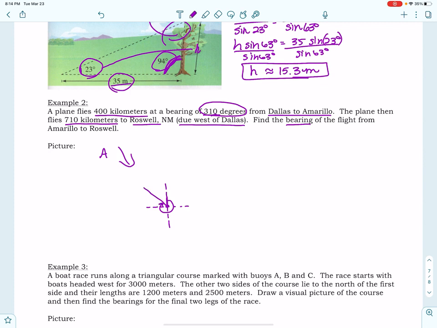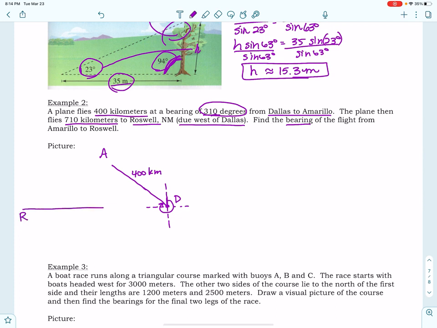I'm going to let this be D for Dallas, and then we're going towards Amarillo, and that is 400 kilometers. That's how we get this drawn. Now we are looking at the plane flying 710 kilometers to Roswell, which is due west of Dallas. So I'm going to say Roswell is right here.